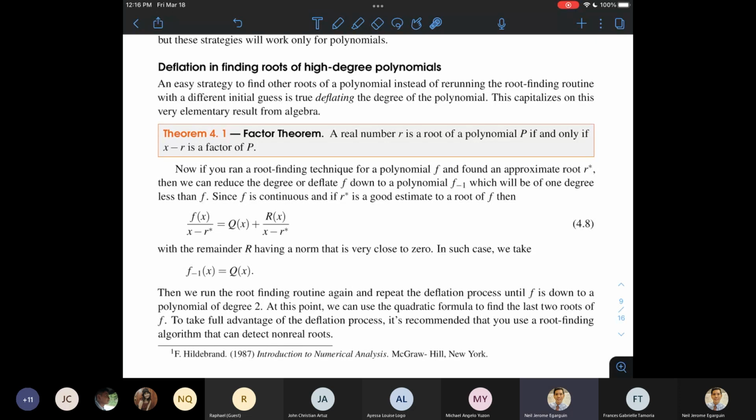Right, first things first. What is deflation? When we say deflation, papababain lang natin yung degree ng isang polynomial. Okay? So we are trying to devise a clever way to find all the roots of a polynomial.